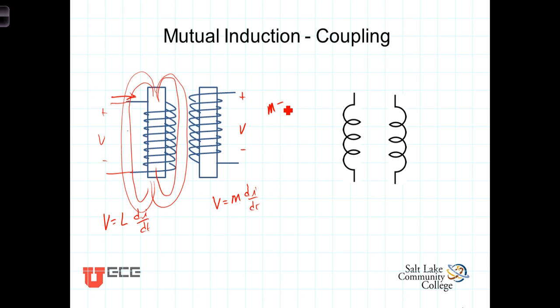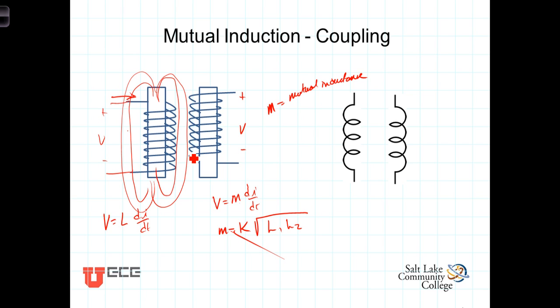M is the mutual inductance of the two coils next to each other, where M is equal to some constant K times the square root of L1 times L2, where L1 is the inductance of the first coil, L2 is the inductance of the second coil. So this mutual inductance is proportional to the square root of the product of those two inductances.